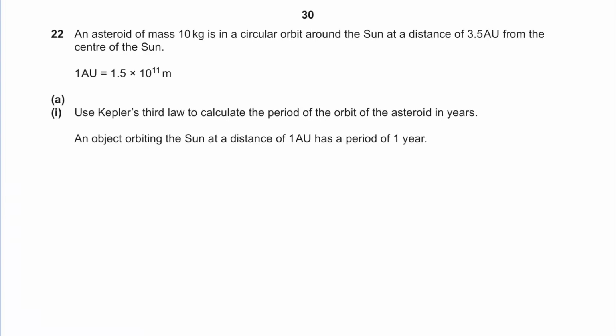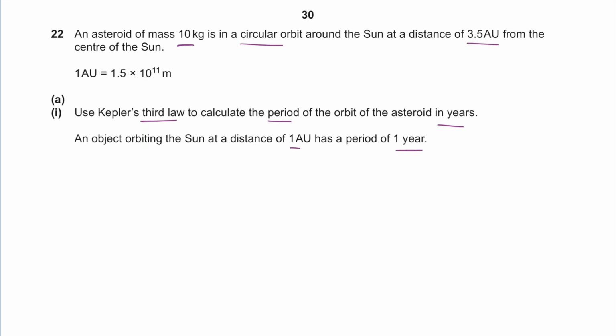An asteroid of mass 10 kilograms is in a circular orbit around the Sun at a distance of 3.5 AU from the center of the Sun. Use Kepler's third law to calculate the time period of this orbit in years. An object orbiting the Sun at a distance of 1 AU has a time period of 1 year.